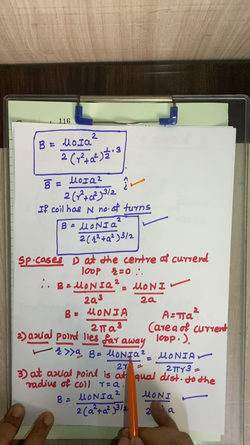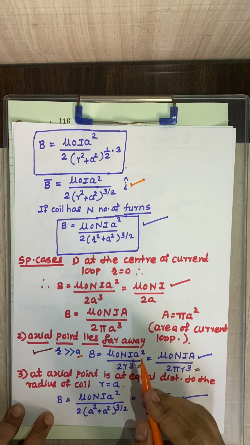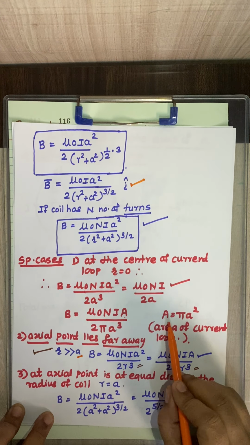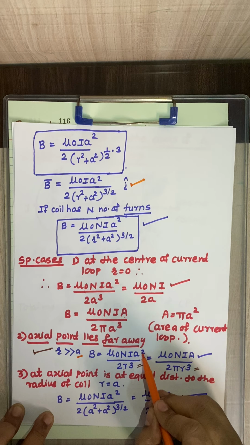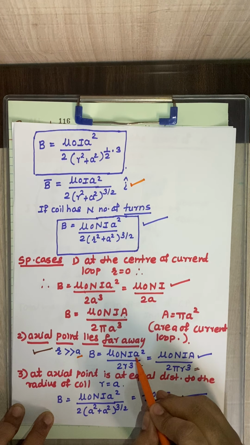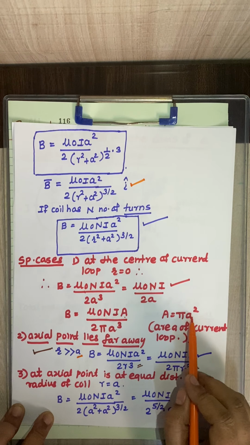Now if I include pi here, we would get pi a square.